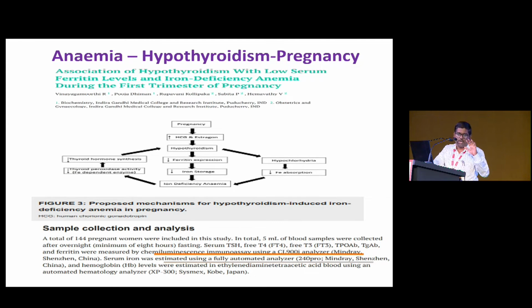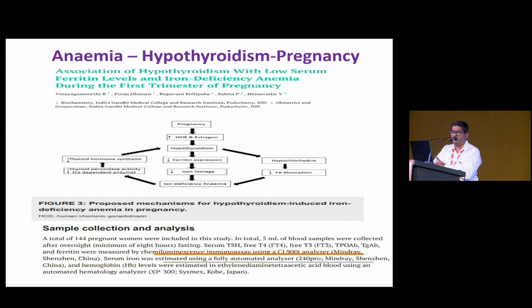So in hypothyroidism, what happens? The ferritin expression is lower. That is why in hypothyroidism, which is common in pregnancy, there is iron deficiency anemia. Here, whatever iron supplementation you give, there won't be any response unless you correct the thyroid.